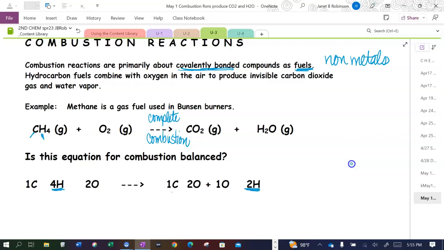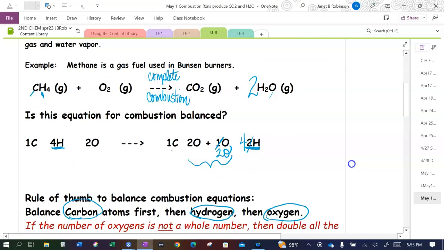So the only way to get more hydrogens is to put the coefficient 2 in front of water, and now we have 4 hydrogens, but now we have 2 oxygens right there, which means now, just in that one thing that we changed of the number of water molecules, we now have 4 oxygens.